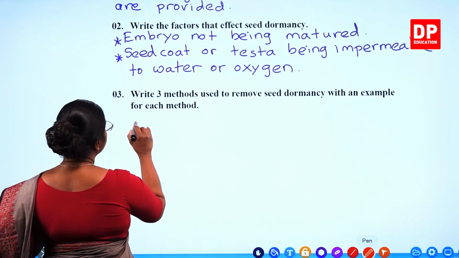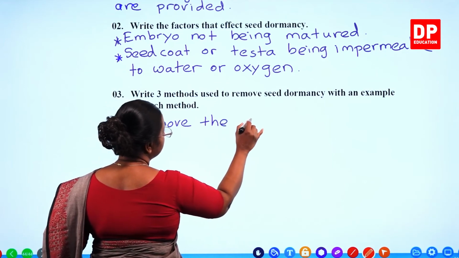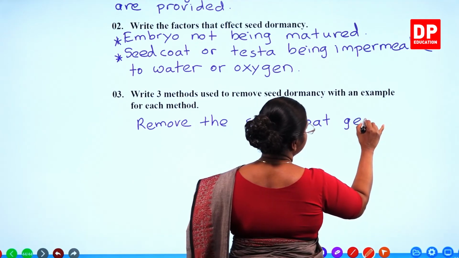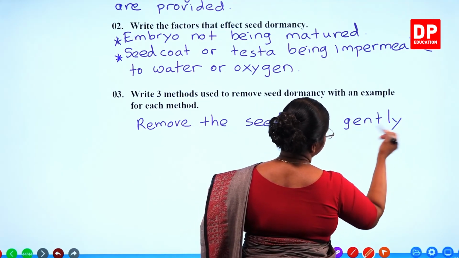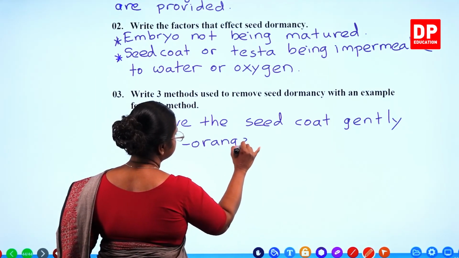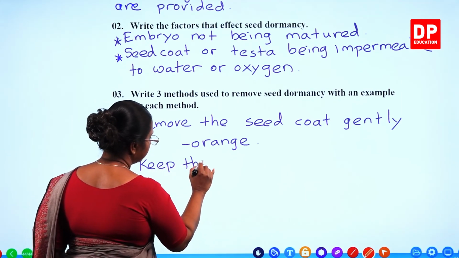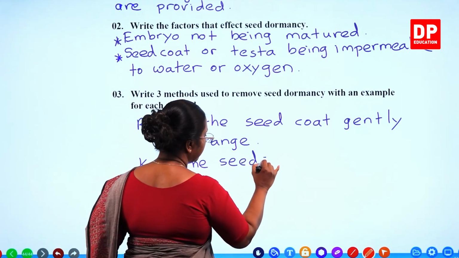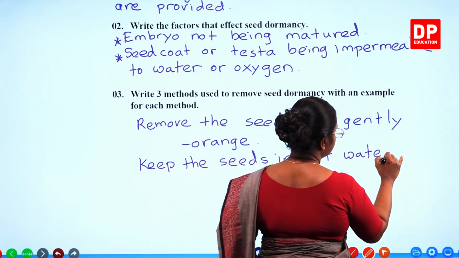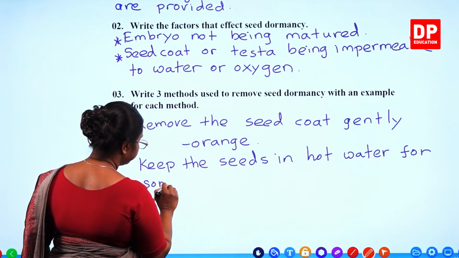So we can say remove the seed coat gently or just remove the seed coat. The example is orange. Keep the seeds in hot water for some time.